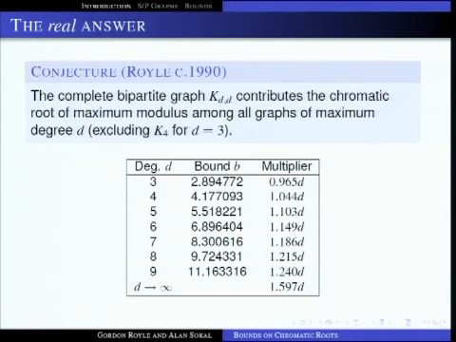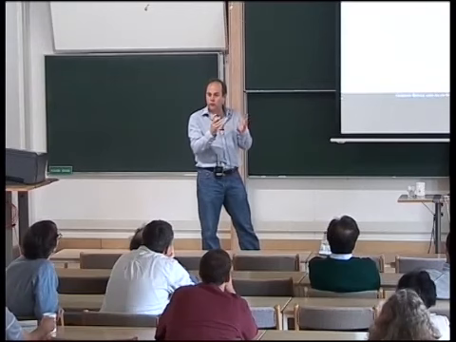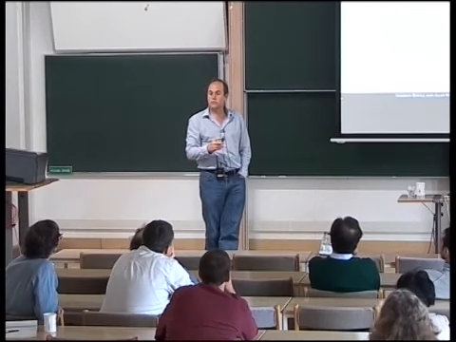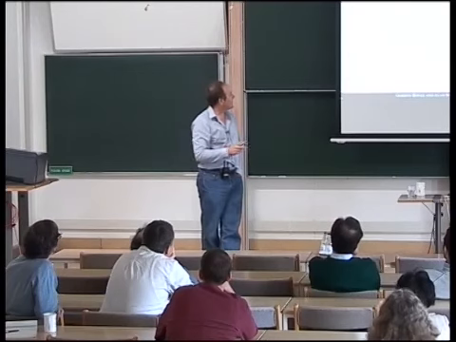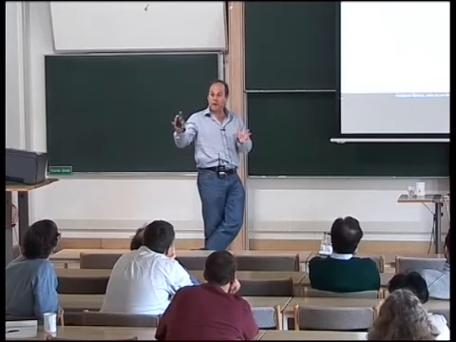So, as the bound for 3, 2.895, I drew the circle of radius 2.895 around here, and you can clearly see that all of these roots are in that circle. So where is the K33? Unfortunately, this is only the 20 vertex graphs themselves, not K33. I thought you said there's one counterexample, which is K4. Yes, but this is only 20 vertex. Oh well, so I'm extending the conjecture to say that K4 is the only counterexample.